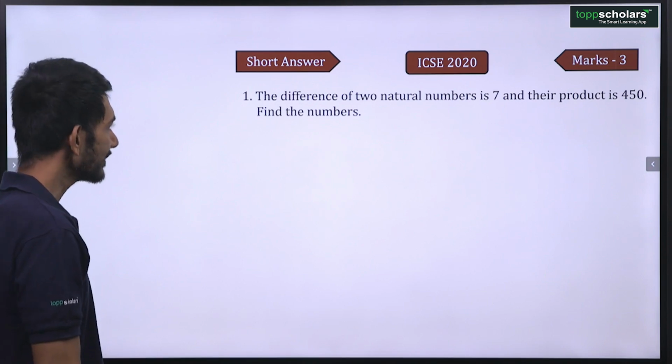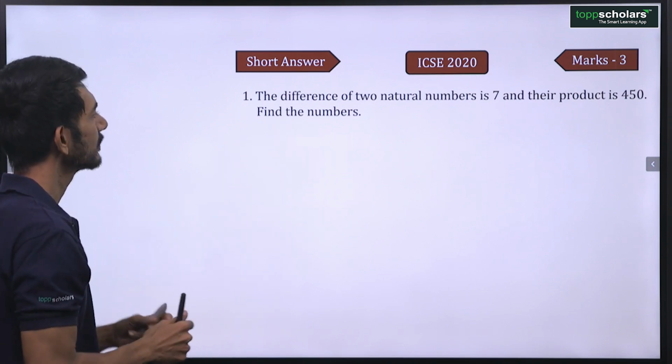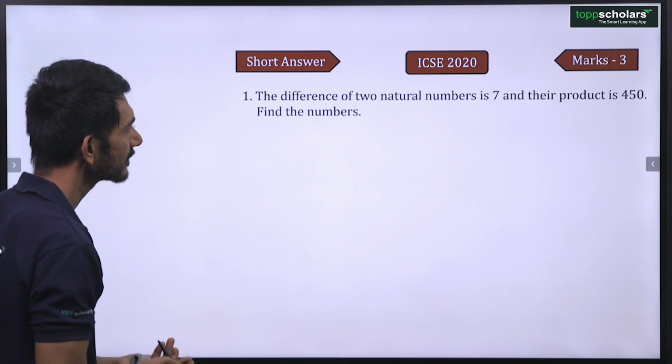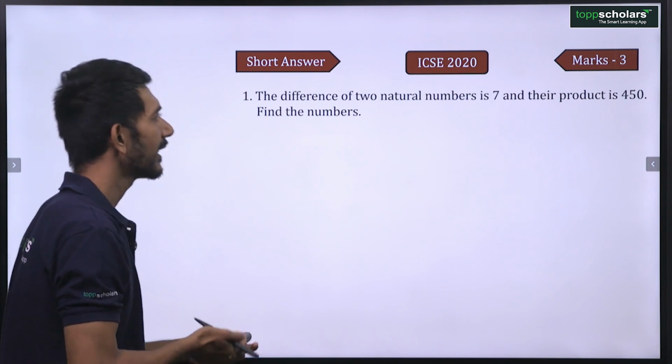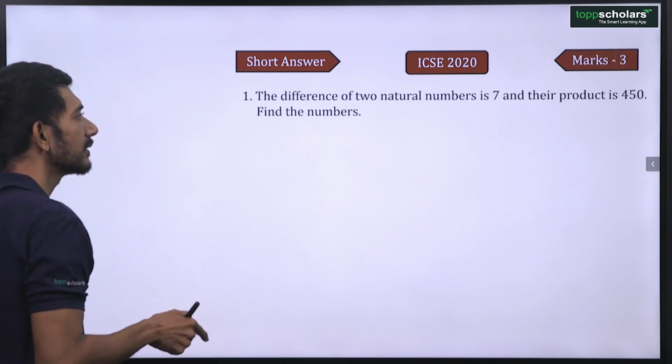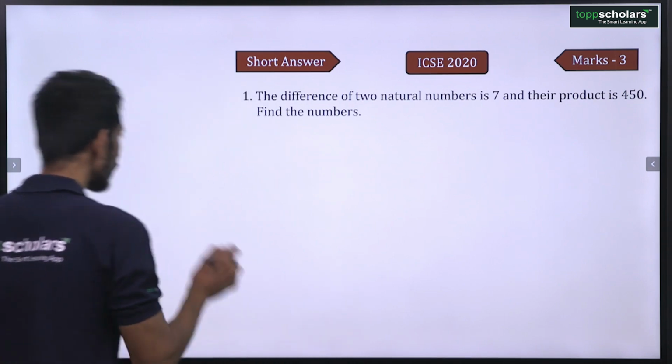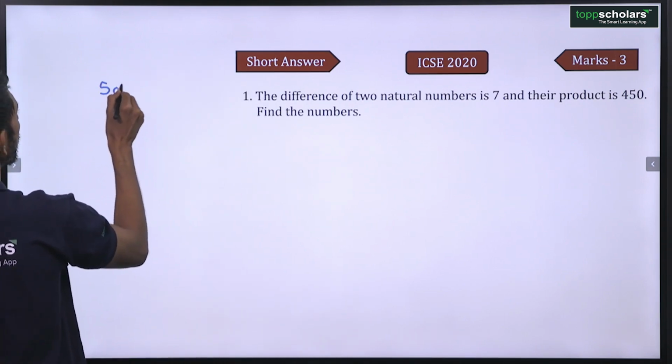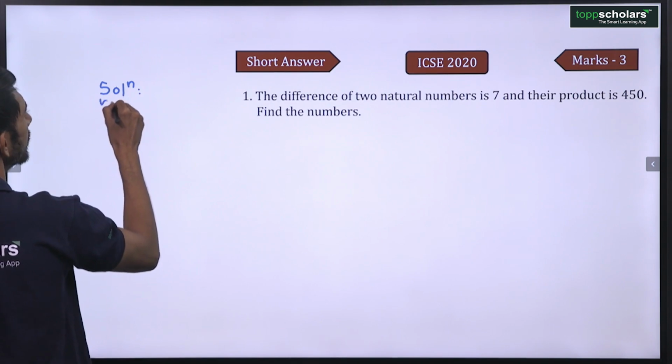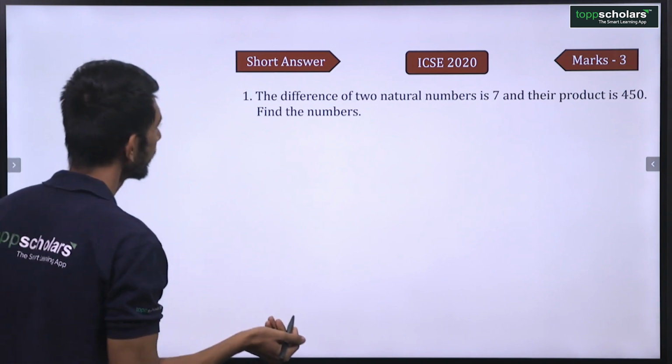Okay. So the question says the difference of two natural numbers is 7 and their product is 450. Find the numbers. Very simple. Difference between two natural numbers is 7, right?